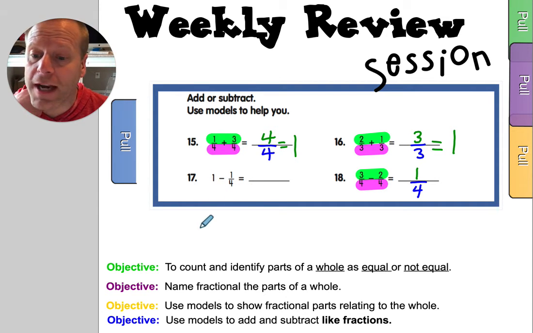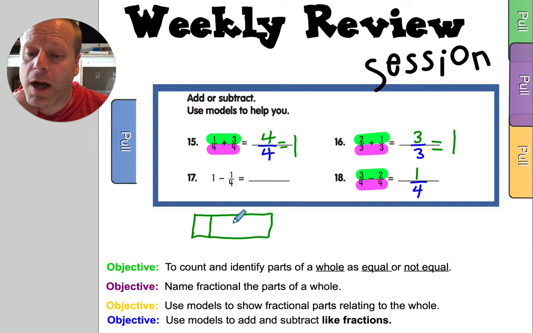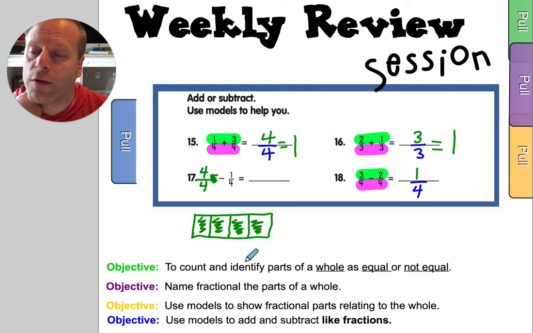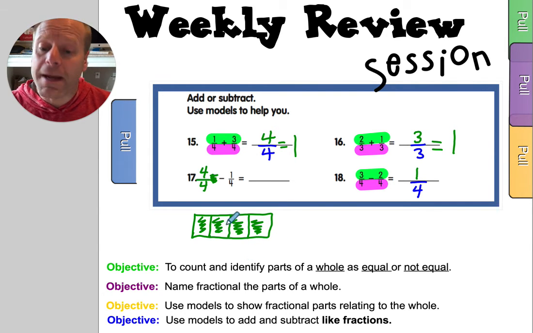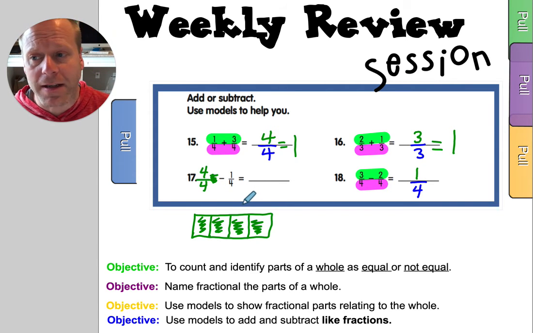So the way you do that is you just take whatever it is, 1 whole candy bar, and you cut it up into 4 equal pieces. And you say, no, I don't actually have 1 whole. I have 4 fourths. See, I have 1, 2, 3, 4 fourths. Oh, it means the same thing as 1 whole, but now I'm able to subtract it.